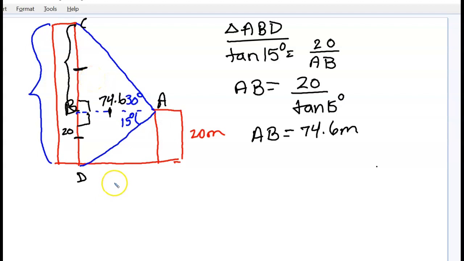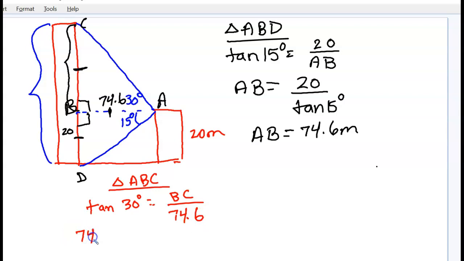So now I'm dealing with triangle ABC, and I know an angle of 30. I want to find the opposite. I know the adjacent. So again, I'm going to use tangent. So the tangent of 30 is going to be the opposite side divided by 74.6.